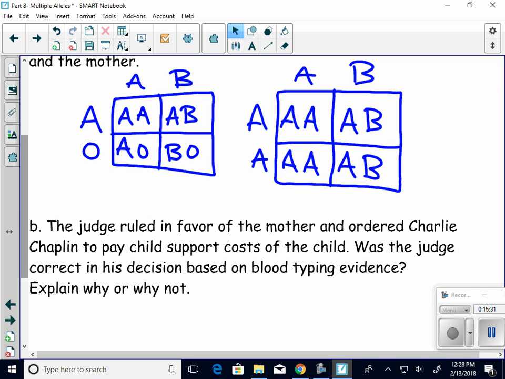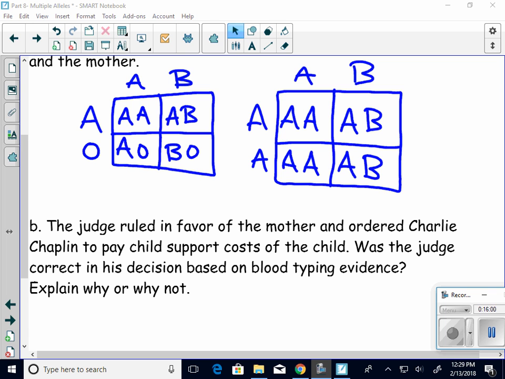No. So, how are we going to explain that? You're going to say the judge was wrong because Charlie Chaplin does not have an O allele. Therefore, he could not have a baby with O blood. Okay? He could not have a baby with O blood.